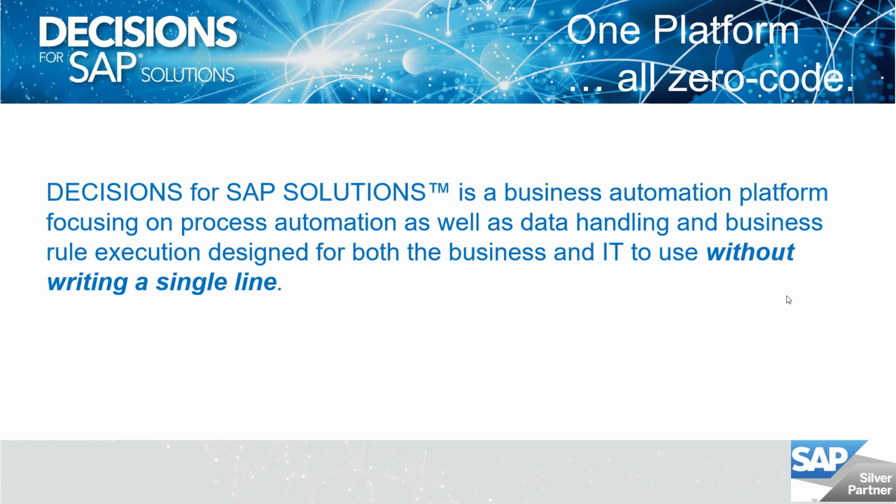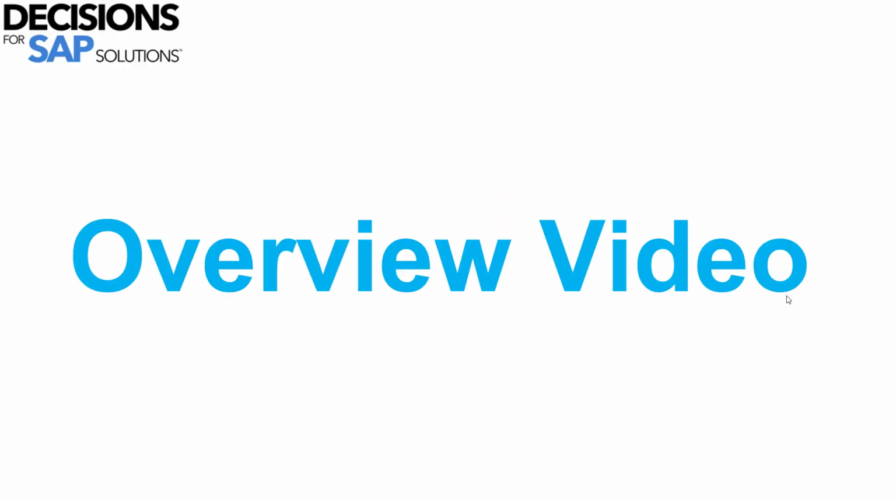Now, Decisions for SAP Solutions is a platform for business process automation, focusing on process automation, obviously, as well as data handling and business rule execution. And it's designed for both the business and IT users to utilize without a single line of code.